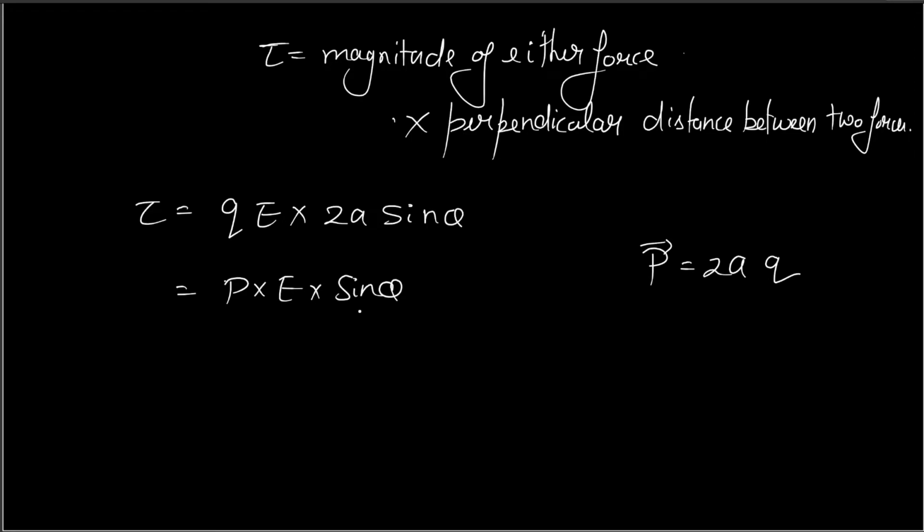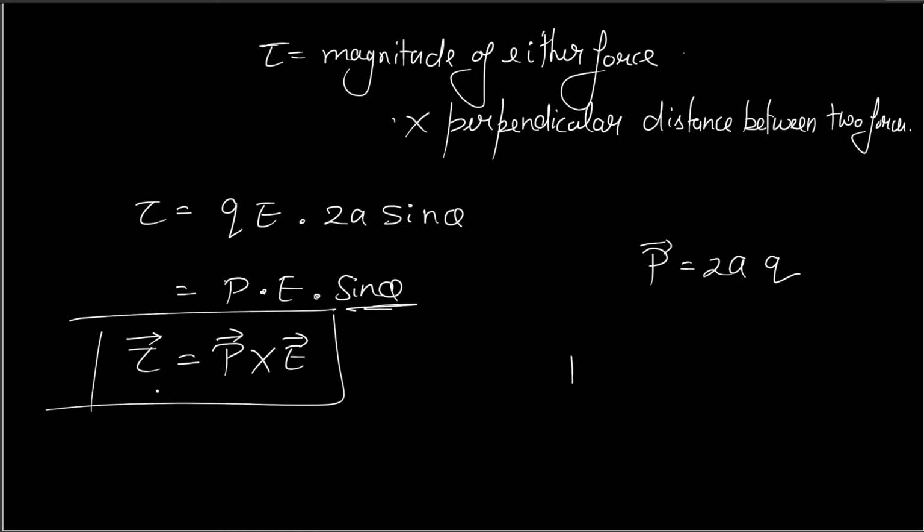You must know that we can change this into the cross product, p cross E. This is the cross product, okay, remember it. A cross product between p and E, I can now represent by the torque quantity.